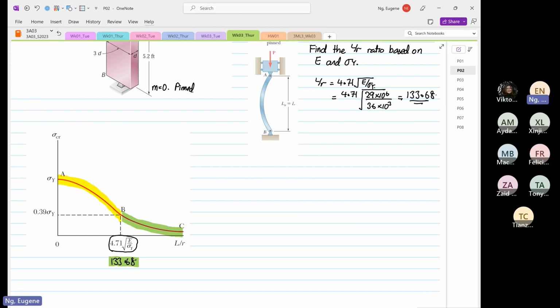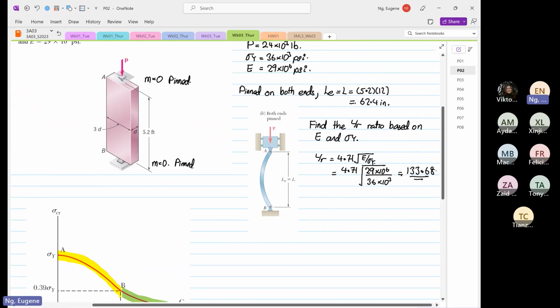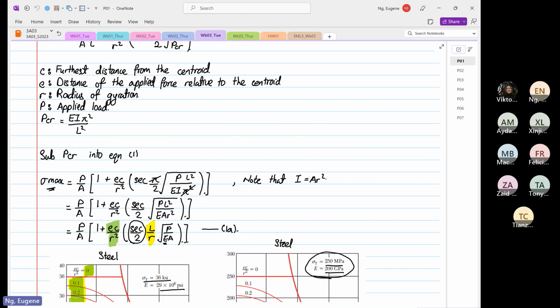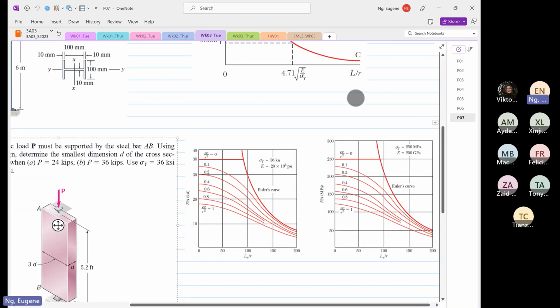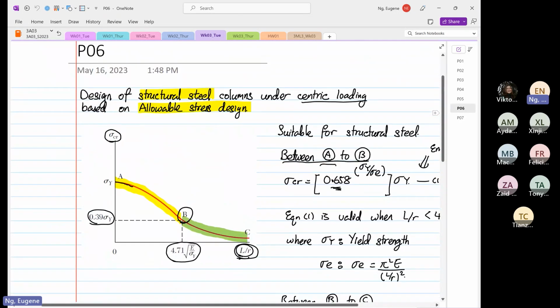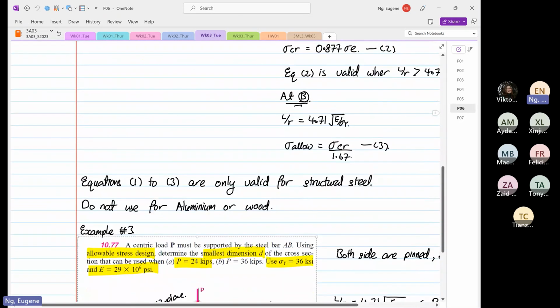Now, this structure, by looking back at the question, can buckle in two planes. I could not remember the last time if I called this X or Y, so let me follow the same notation so you will not be confused.